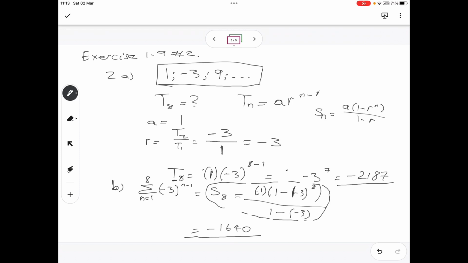Now I want you to notice something, eh? When we calculate the 8th term, we get a value of -2,187. Why do you guys think that is? Aren't there negative terms in the sum?